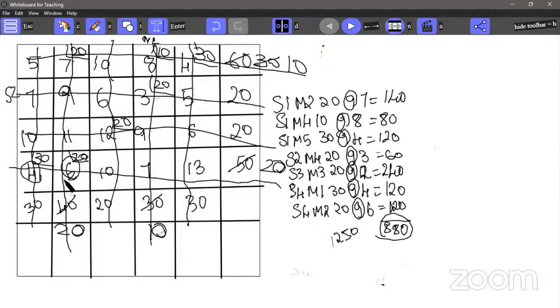Ma'am, one small question. Like we need to allocate until all the columns and rows are struck off? Yes. So a total of 150 units should be allotted. If you count here, 20 plus 10 plus 30 plus 20 plus 20 plus 30 plus 20, it will come to 150.